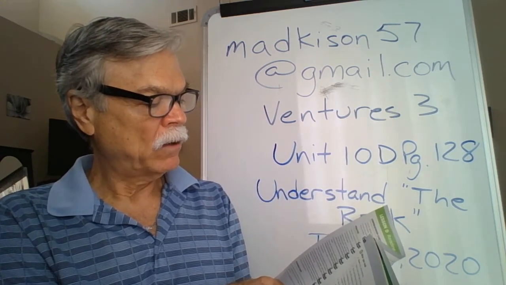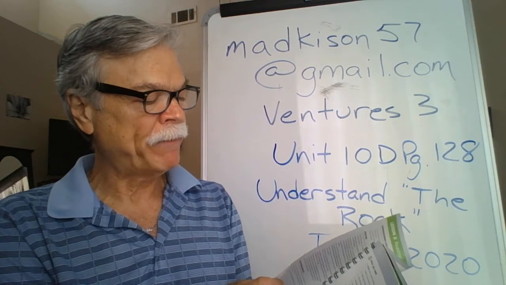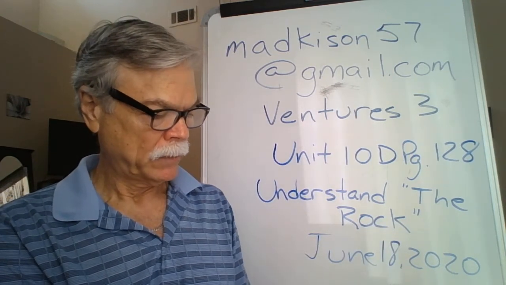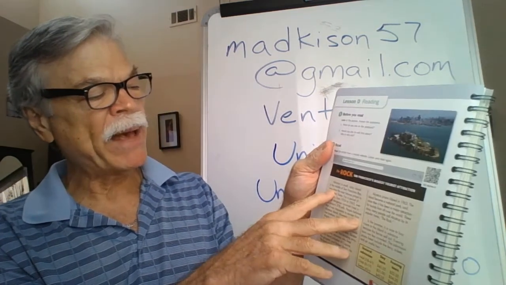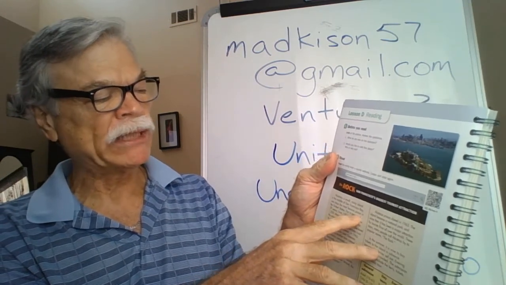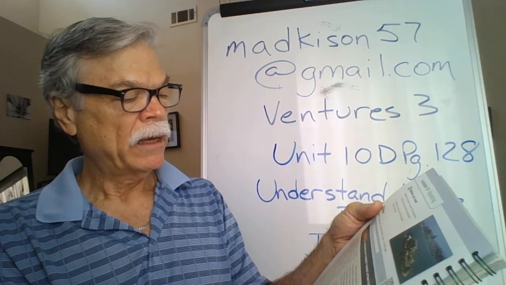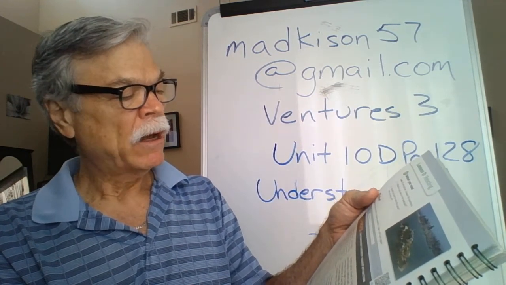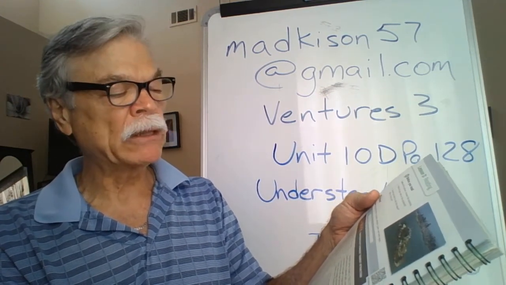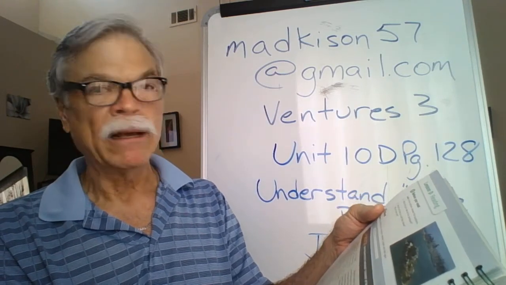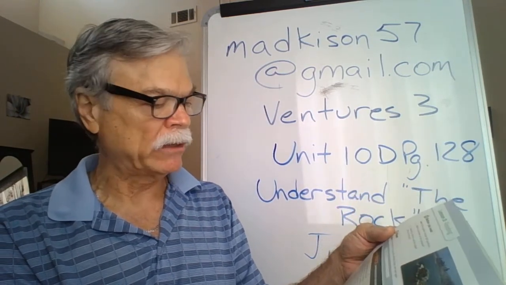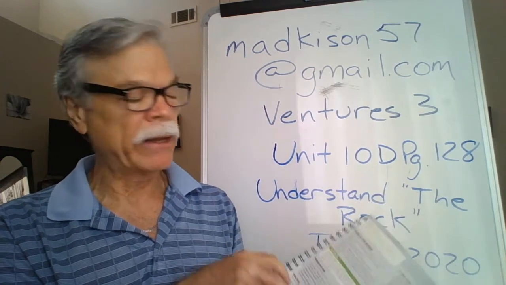It says, what was Alcatraz in the past? It says in the past that it was a famous prison in the United States. For a period of 29 years, from 1934 to 1963, 1,500 dangerous criminals lived in the prison cells.